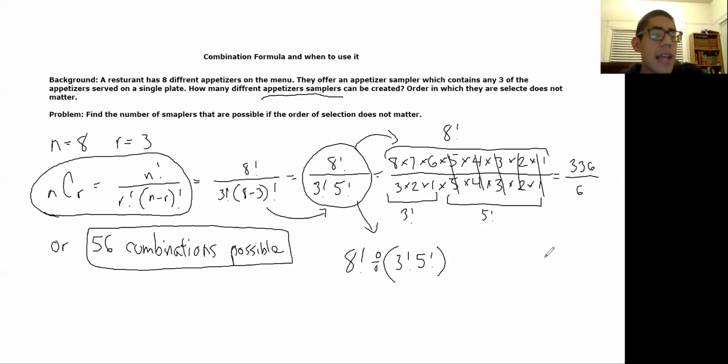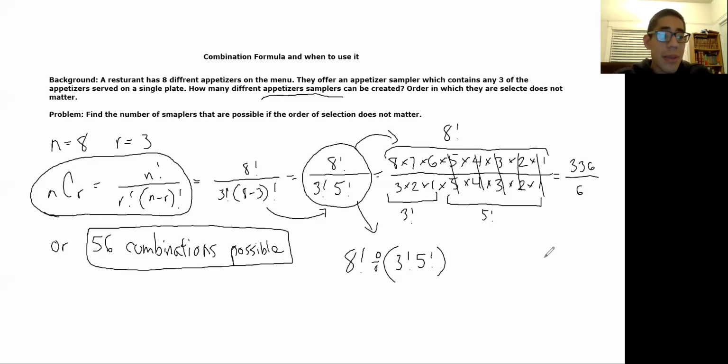So remember, the problem was asking, find the number of samplers that are possible if the order of selection does not matter. Well, according to this formula, there are 56 possible combinations of sampler appetizers that can be served. A customer has an option if they want to try a sampler and try 3 random ones, they have 56 different possibilities.